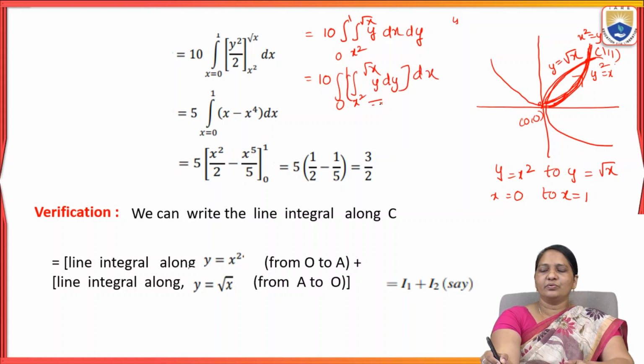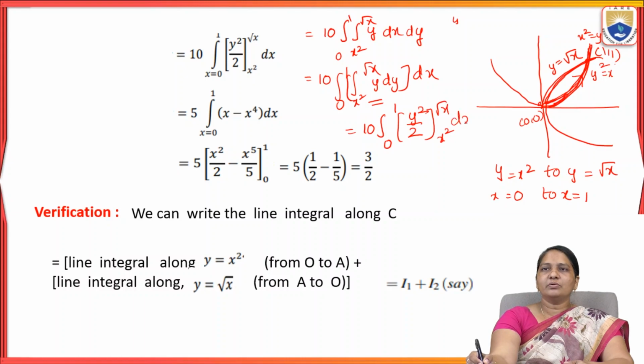That means first we integrate with respect to y, then with respect to x. Now 10 is a constant, integral 0 to 1, integral y dy. Integral y dy is y square by 2, with limits x square to root x, into dx.